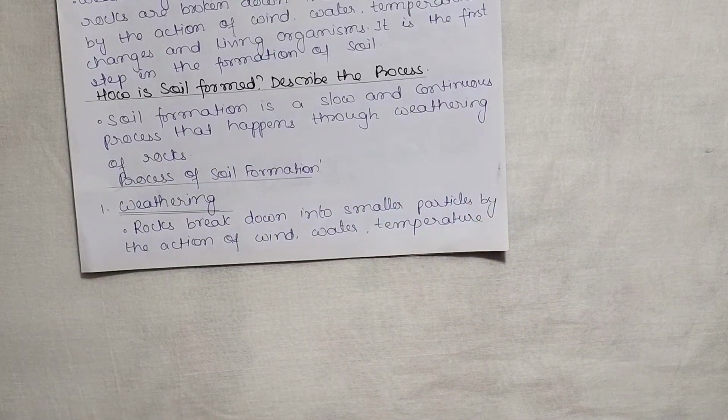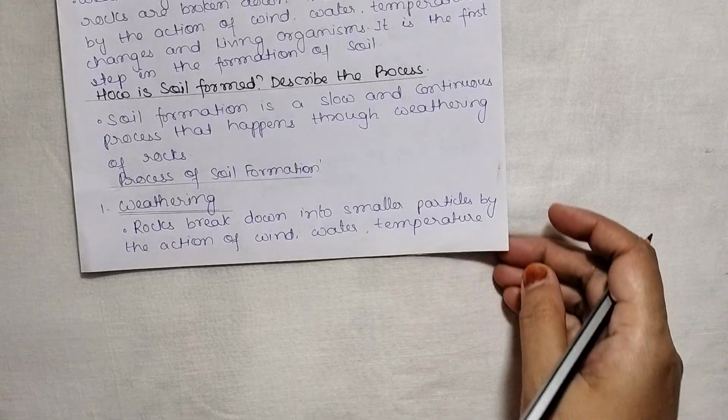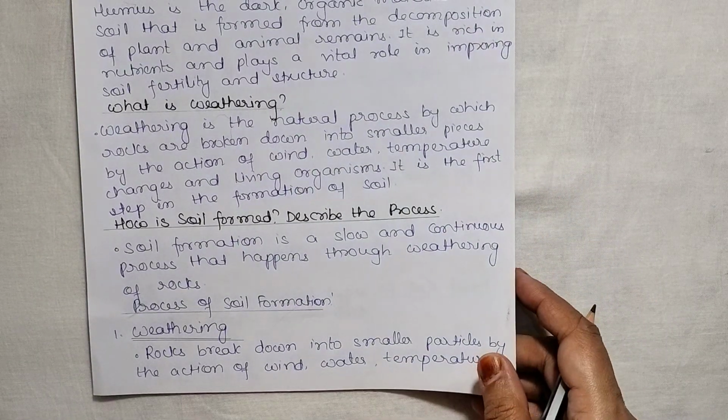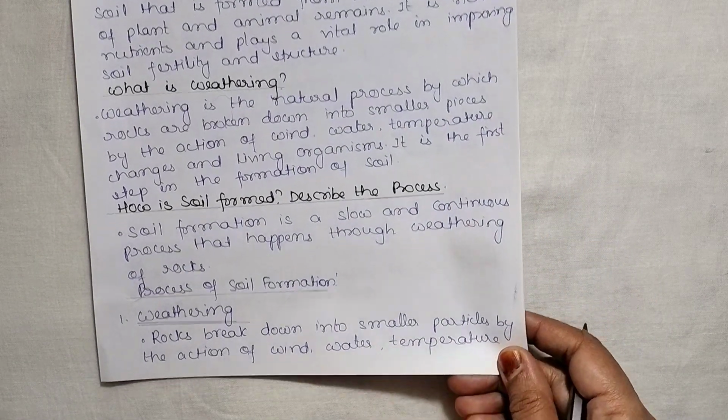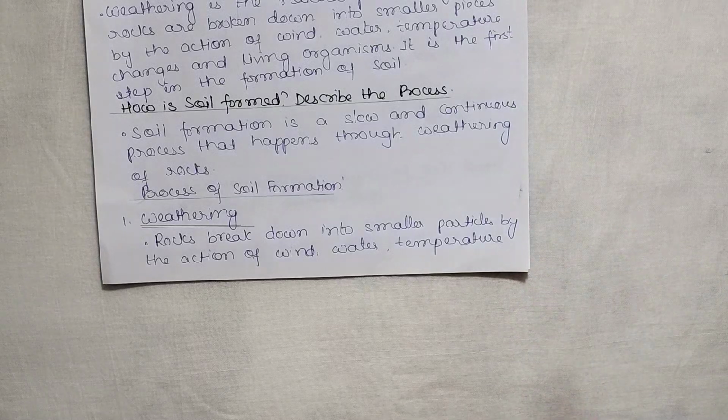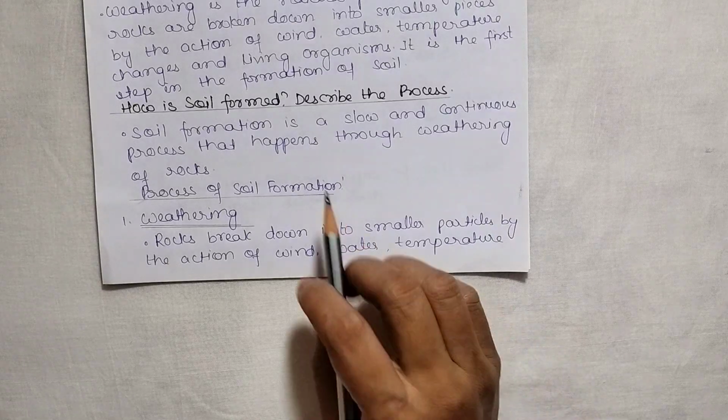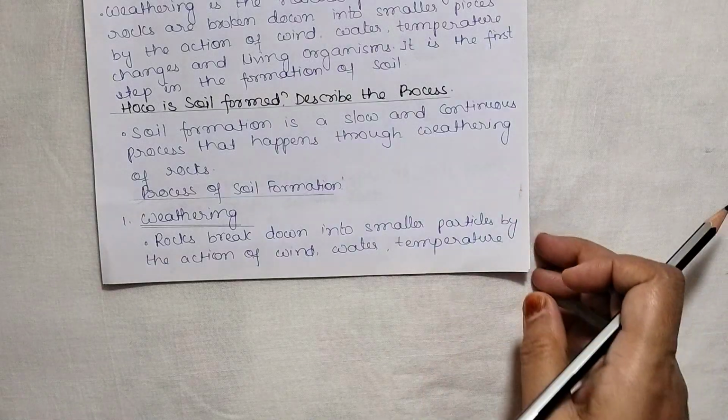Now one important question is how soil is formed. Describe the process. Okay, so this topic is covered in question answer form, so it may be easy for you to understand the topic and you can write these question answers also. So let us see how soil is formed and what is its process. Soil formation is a slow and continuous process that happens through weathering of rocks, that is the breaking down of rocks into smaller pieces.